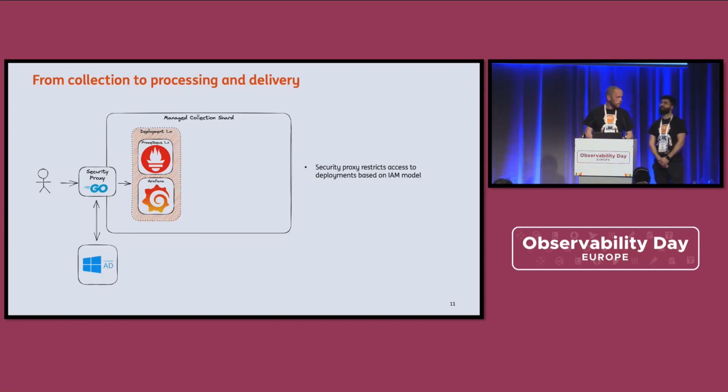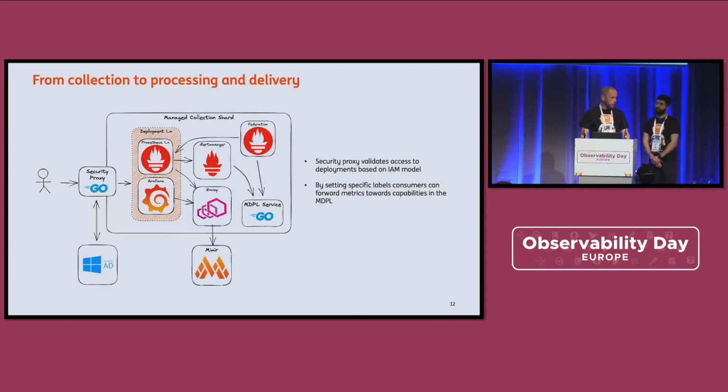It also handles the authentication, and for that we delegate the authentication to Active Directory via OpenID Connect. Based on the access token that we get back, we have a lot of group memberships in the token. Each deployment is also tagged with the different groups that can have access to it. By intersecting those 2 pieces of information, we know what to present to our consumers in the interface.